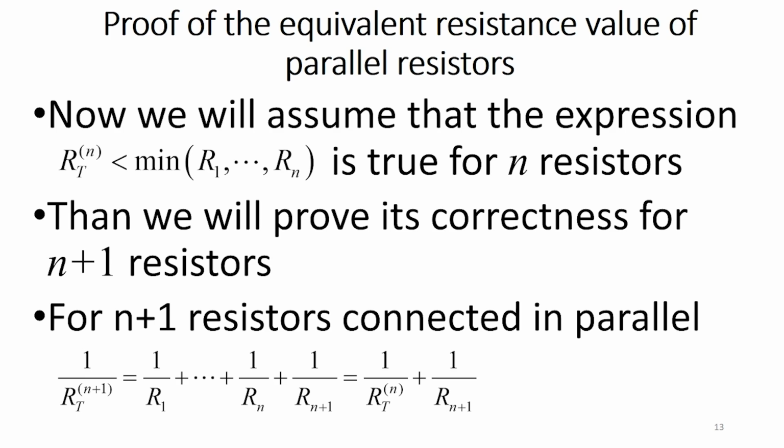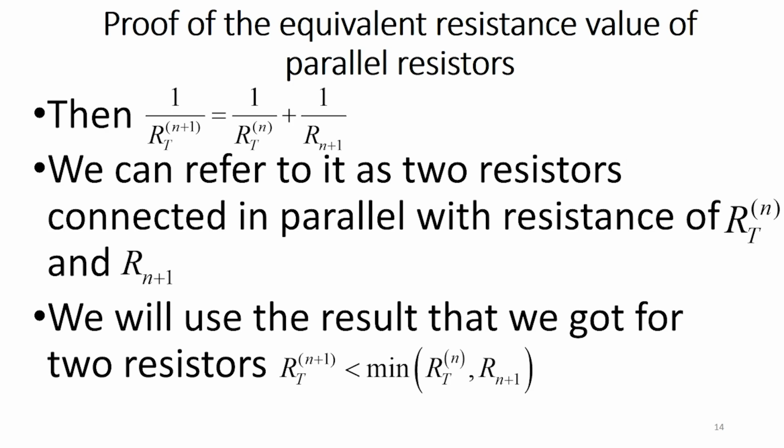The first n terms on the right side are equal to 1 over RT(n), so altogether we get that it is equal to 1 over RT(n) plus 1 over R(n+1). So 1 over RT(n+1) equals 1 over RT(n) plus 1 over R(n+1).